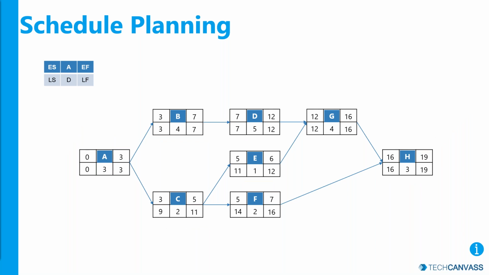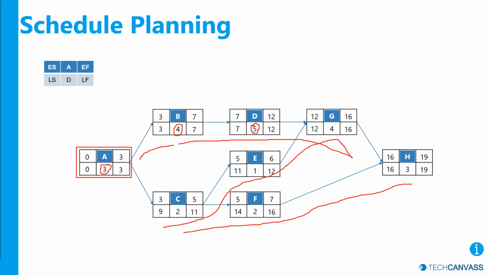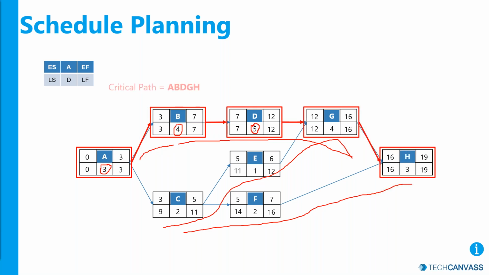Then you can see the estimates below the activities: 3 days, 4 days, 5 days, and so on. If you sum up these numbers, we have different paths in this project, and you typically get the duration of the project from one of these paths. Here we see that path A, B, D, G, H is the longest path.